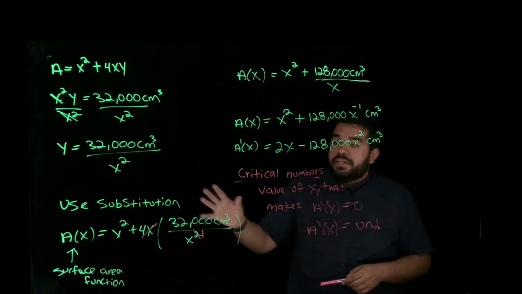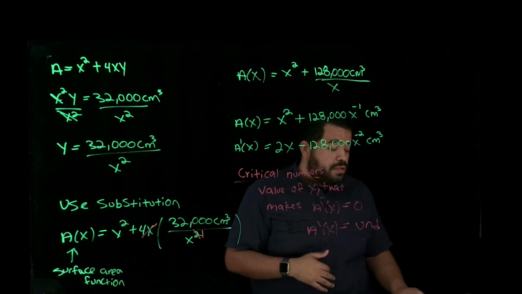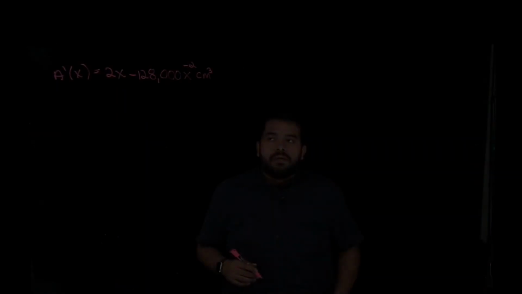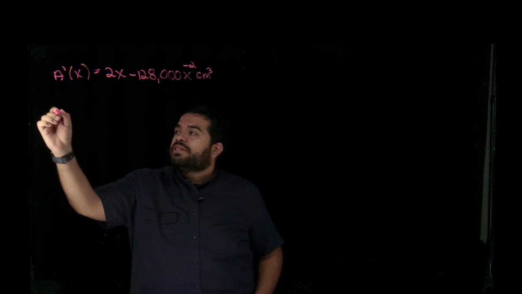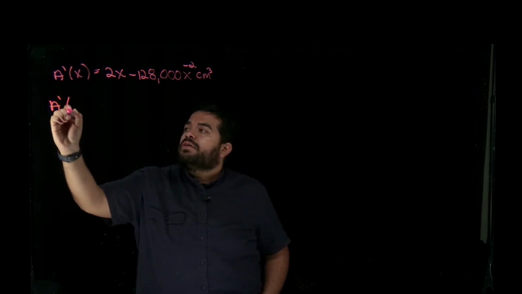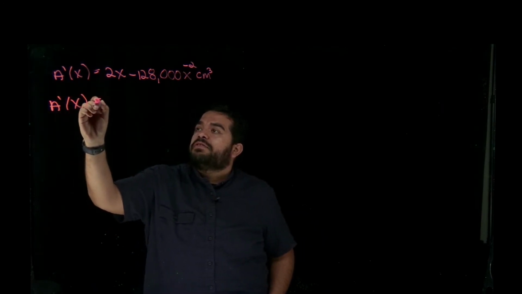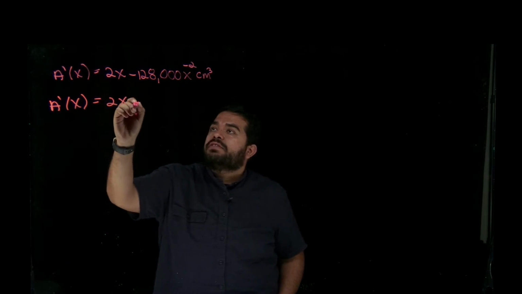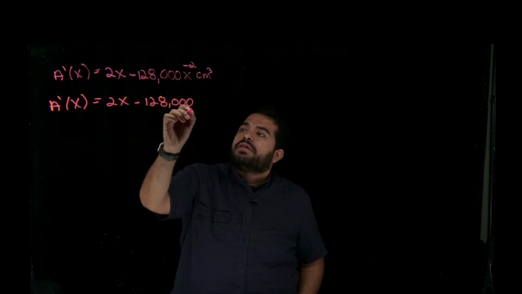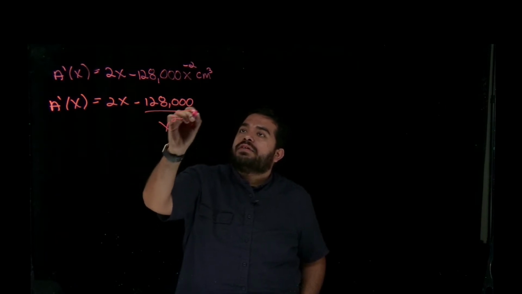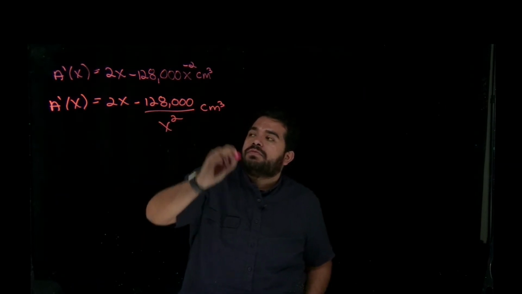Let me erase this so we can use more space to compute. Okay, so now that we have our first derivative, it's a good idea to rewrite this where your exponents are all positive. So 2x is equal to 128,000 divided by x squared cm cubed.